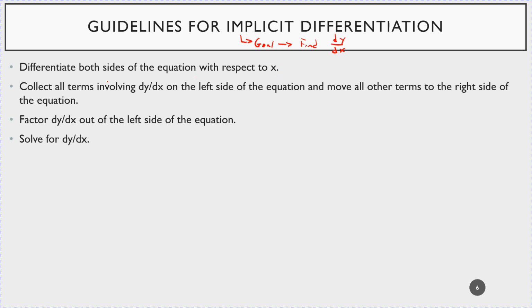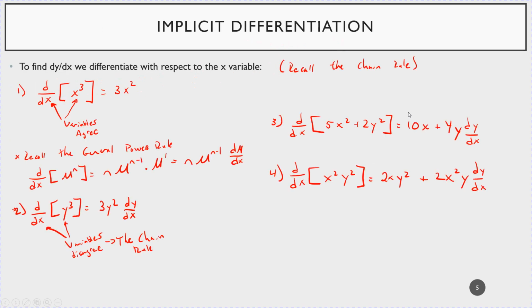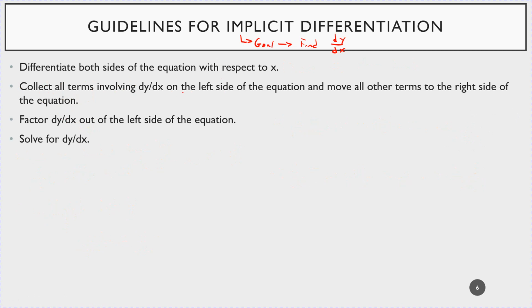Then you collect all terms involving dy/dx, because remember, when you differentiate a y, you get dy/dx, on the left side of the equation, and move all other terms, as long as they don't have a dy/dx, to the right side. Then you factor out a dy/dx from everything on the left side, and I'll show you how to do this. And then from there, you just solve for dy/dx.